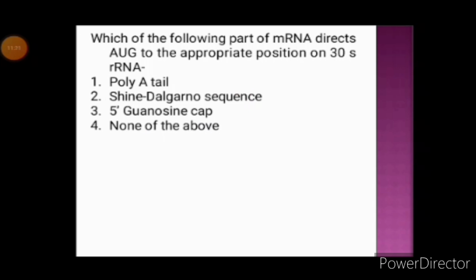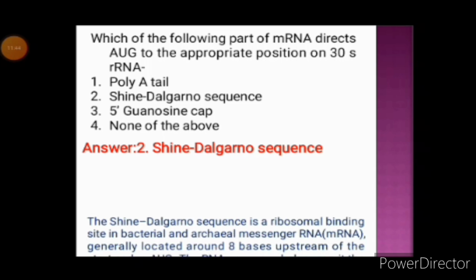Next question. Which of the following parts of mRNA directs AUG to the appropriate position on the 30S smaller subunit? Option 1, poly-A tail; option 2, Shine-Dalgarno sequence; option 3, 5' guanosine cap; option 4, none of the above. And the correct answer is option 2, Shine-Dalgarno sequence.